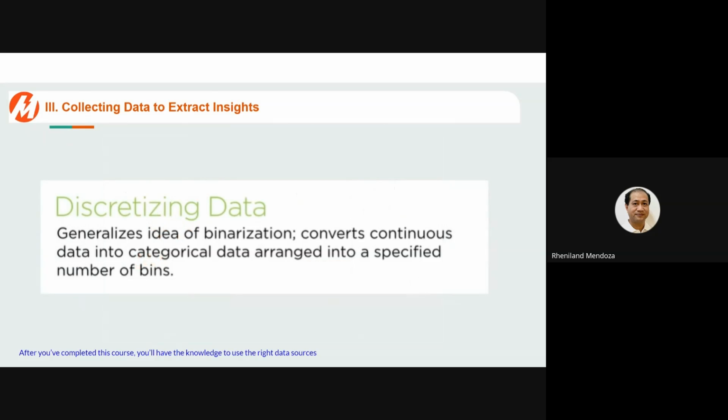Now, what if you want to divide your data into more than 2 categories? This brings us to a more general concept, discretizing data. This generalizes the idea of binarization and converts continuous data into categorical data arranged into a specific number of bins. And the number of bins can be 2 or more.